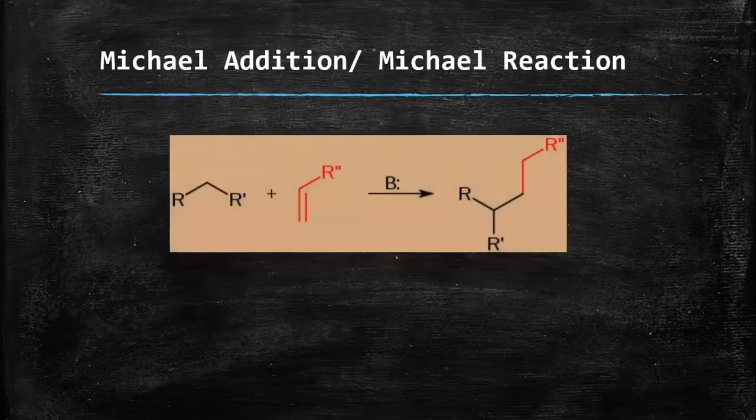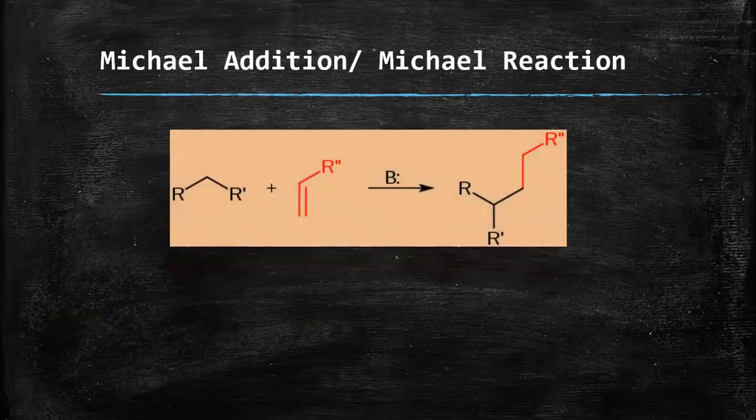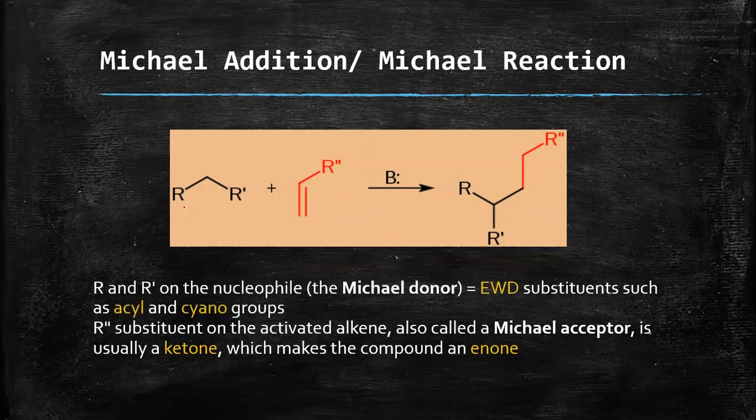So let's have a Michael addition reaction. In this reaction, this is the nucleophile, in which this methylene is surrounded by two groups, R and R dash. These groups are electron withdrawing groups, maybe acyl or cyano groups.